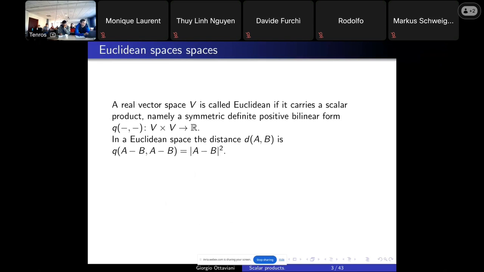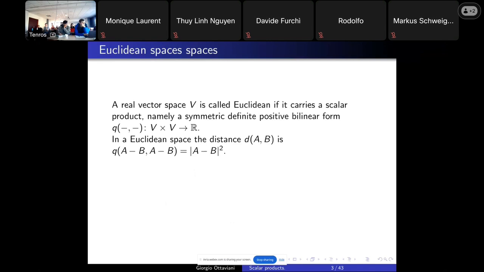So let me try to have a general, well-known framework. I call a vector space Euclidean if there is a scalar product. A scalar product over the reals just means a bilinear form, symmetric, positive definite. So just the classic Euclidean form.